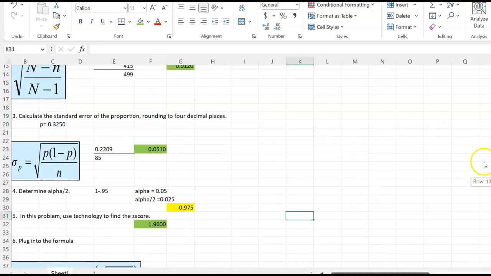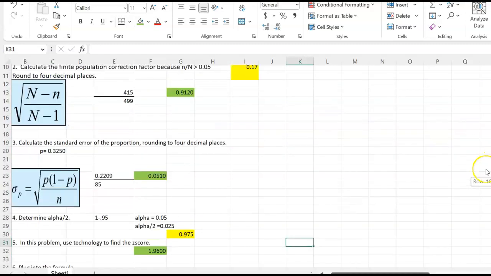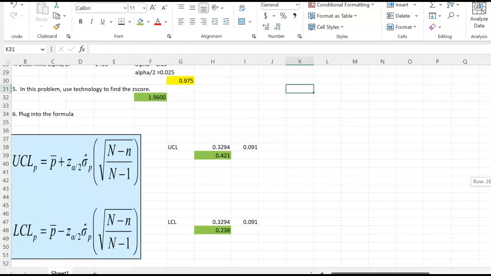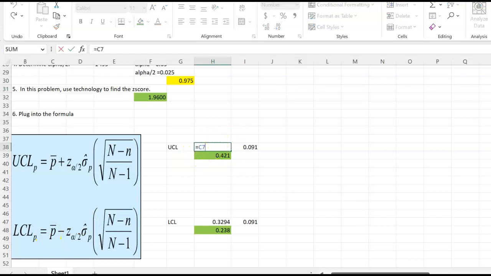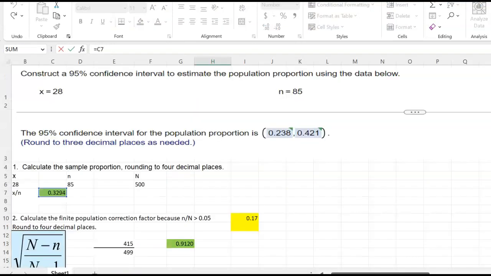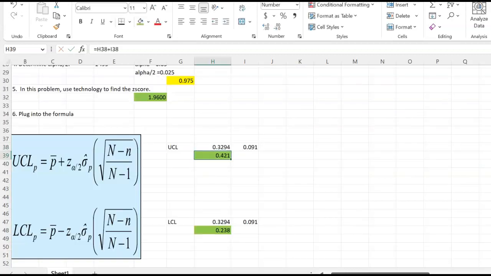Now we're ready to plug into the formula, and when we do this, I went ahead and brought it down. So I put equals and I highlighted P, which is 0.3294, so I can see it. And I did the same thing here. Then I took the z-score times the standard error of the proportion times the finite population correction factor.